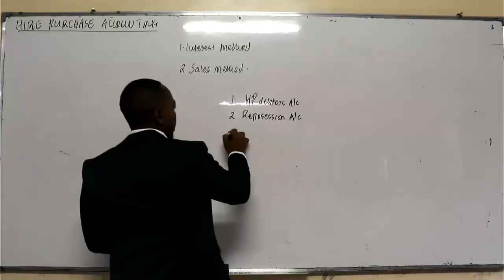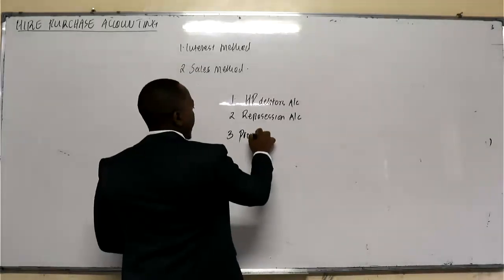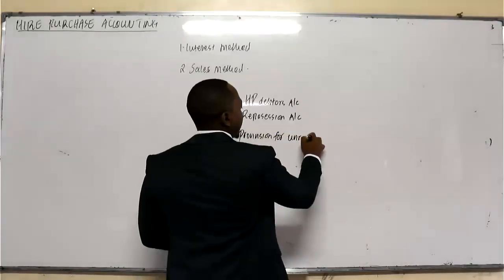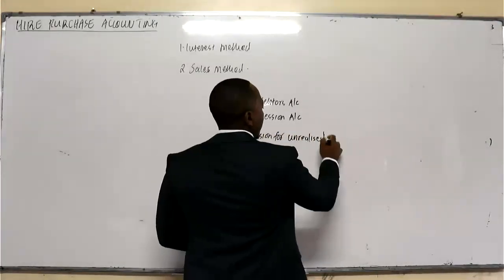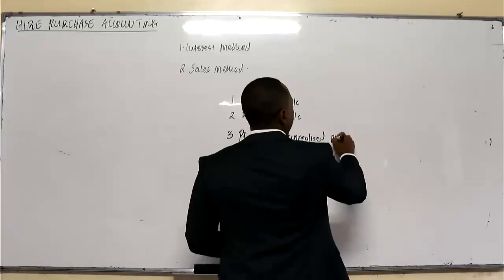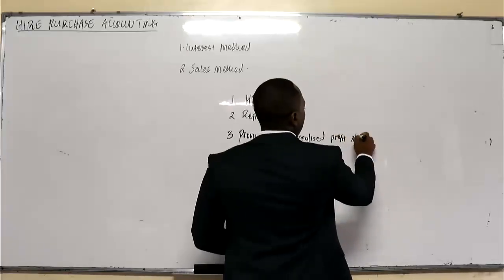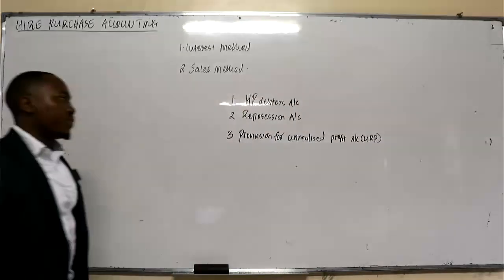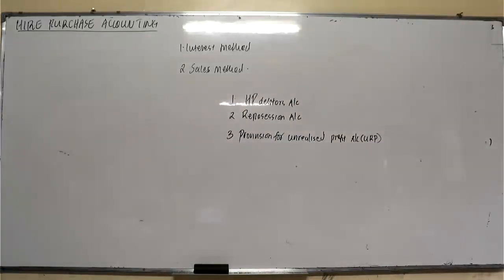And number three is the provision for unrealized profit account. Those are the three major accounts prepared when accounting for hire purchase.